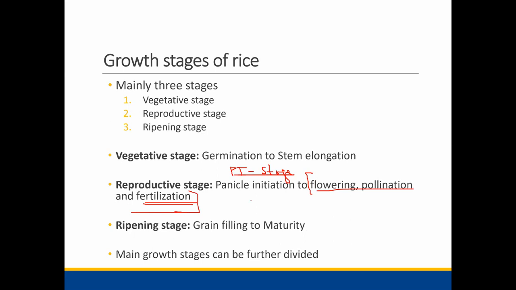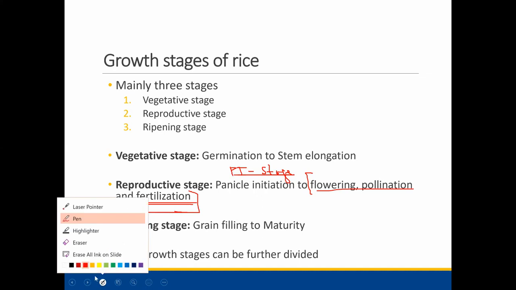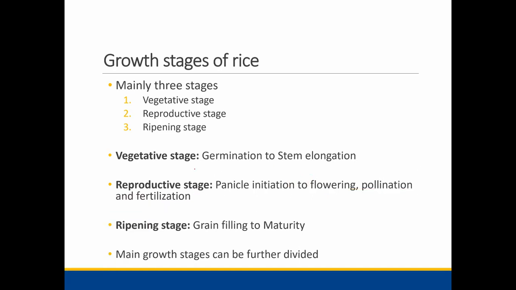These main growth stages, vegetative, reproductive, and ripening, can be further divided depending on their morphophysiological variation, or differences.